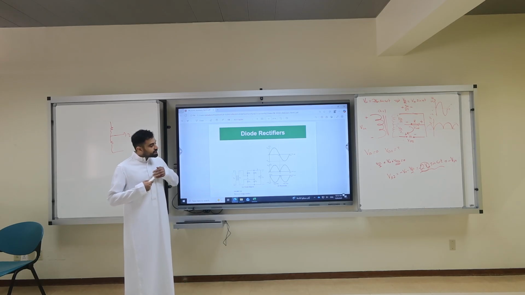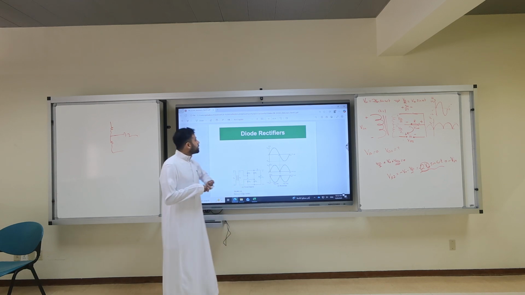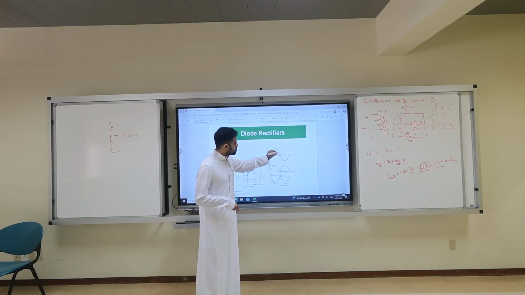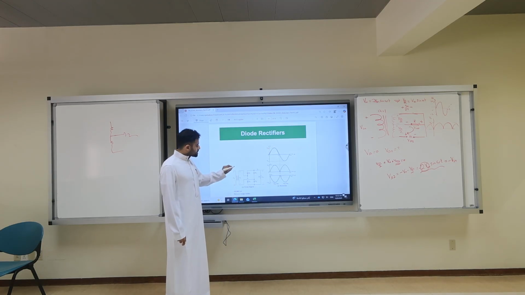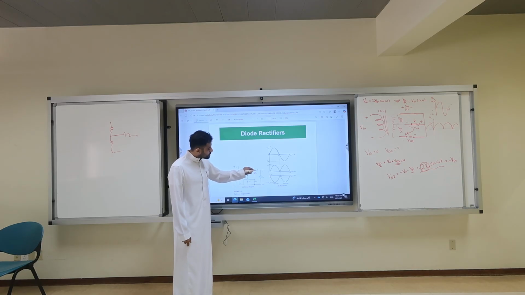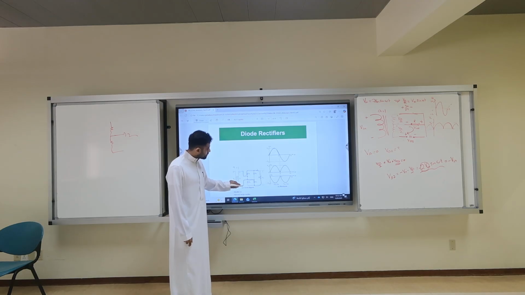I'm not going to dig into details, but the benefit of a bridge is that diode voltage will be minus Vm rather than minus 2 Vm. Why? Because during the positive cycle, let's say here A is 1, so V input is Vs. We have D1 conducts, it goes to V output, then through D2, and returns to the negative.